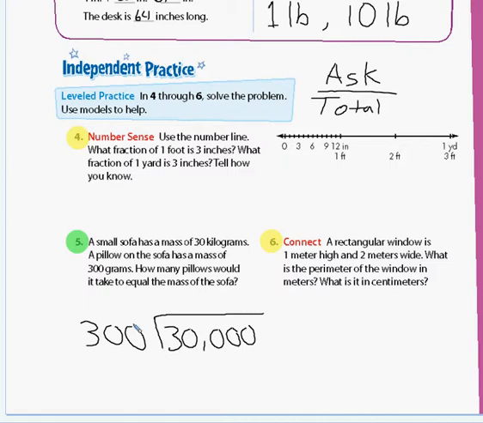If you remember when we were doing division, if I eliminate 2 of the zeros in my divisor, I can eliminate 2 of the zeros in my dividend, and that makes the problem easier. 3 goes into 3 once, 3 goes into 0 zero times, and 3 goes into 0 zero times. So the answer is 100. 300 goes into 30,000 100 times, so it would take 100 pillows.